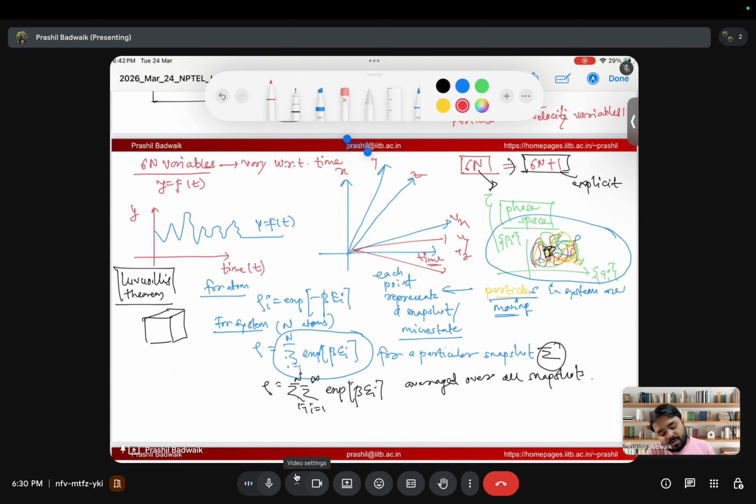Each point represents a microstate, and if I know the number of microstates divided by volume, it will give the density of phase space. The density of the phase space is not changing, it is incompressible.